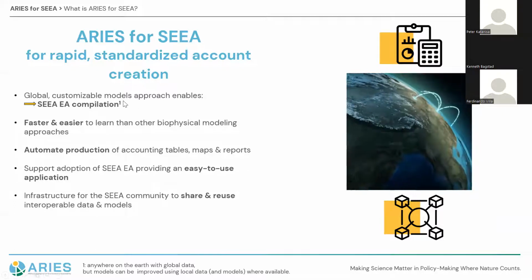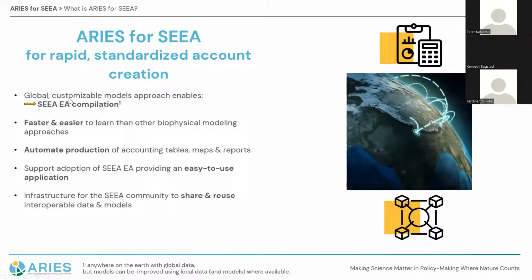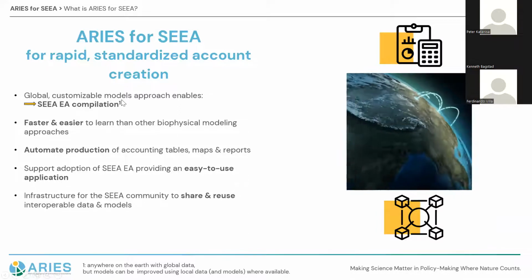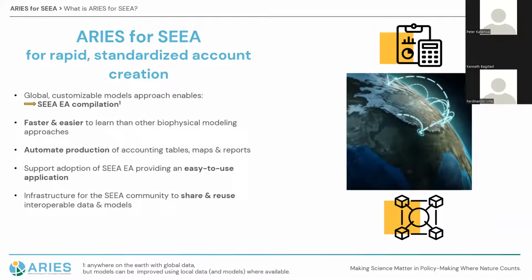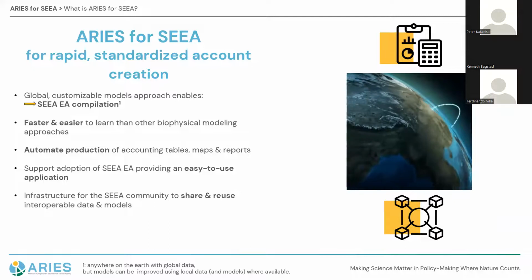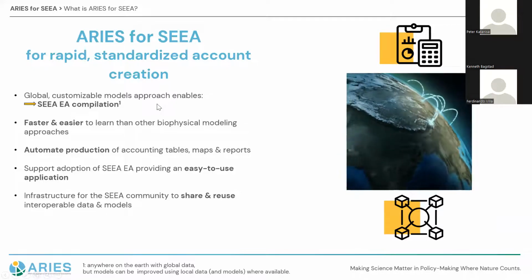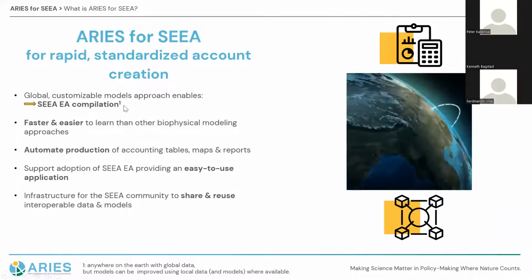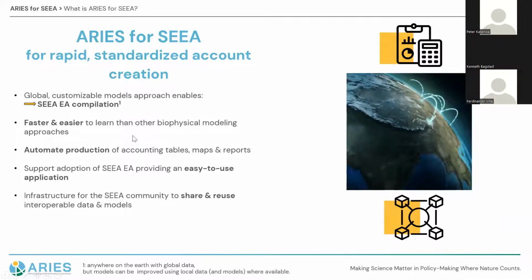The system uses mainly at the moment global data, but models and data can be customizable. And so if there is availability of local data, knowledge, and models, those can be integrated in the system. Nevertheless, at the moment, we can still compute ecosystem accounting anywhere on Earth.